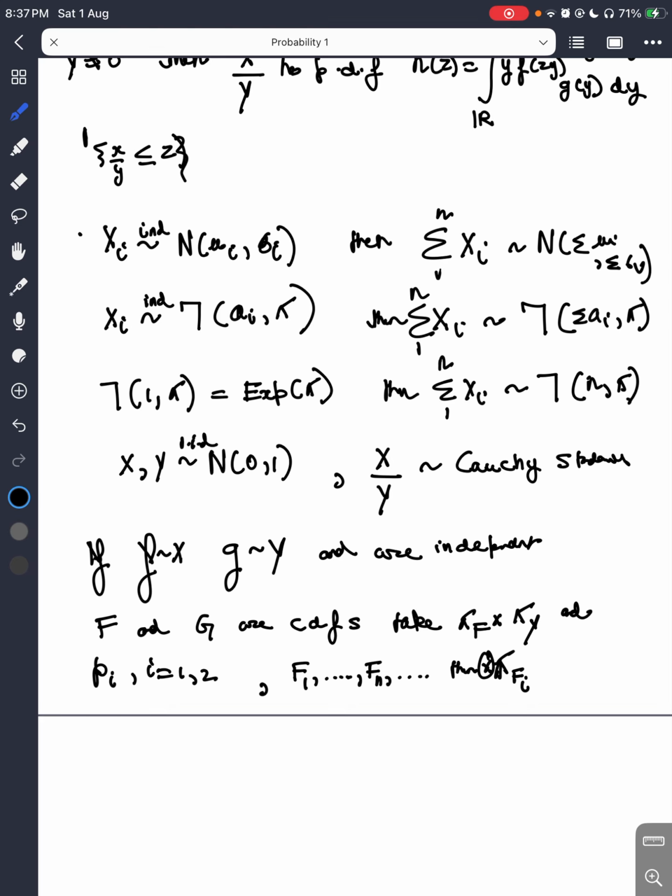The projections pi_i are independent, having CDF F_i. So to conclude, if we mention that some random variables follow some distribution or are independent or IID, it makes sense, because such random variables do exist.